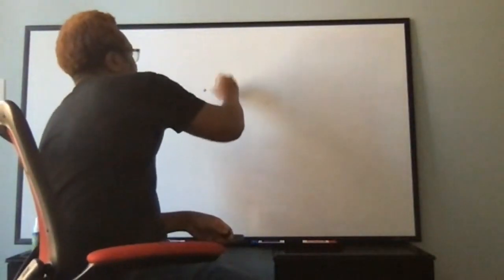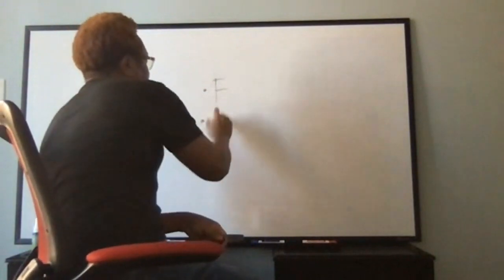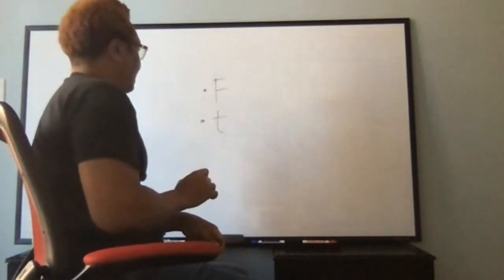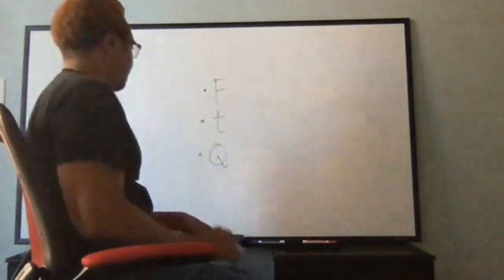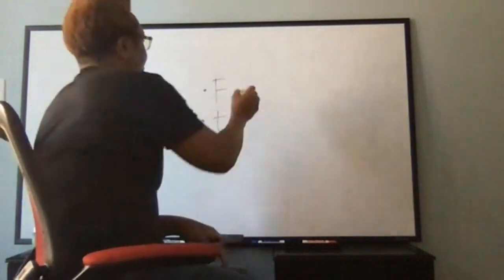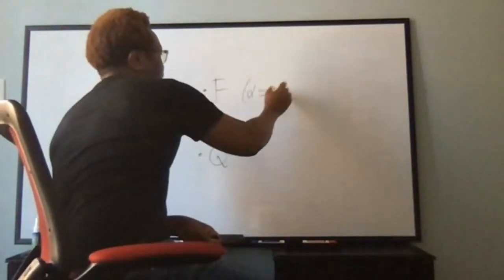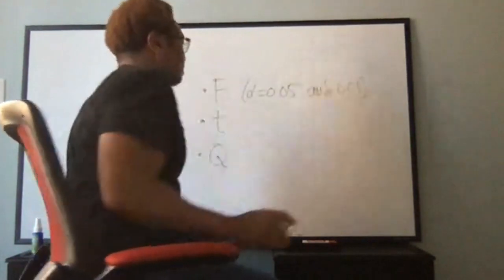Now you're going to need access to the F table, T table, and Q table, and make sure you have alpha equals 0.05 and 0.01.